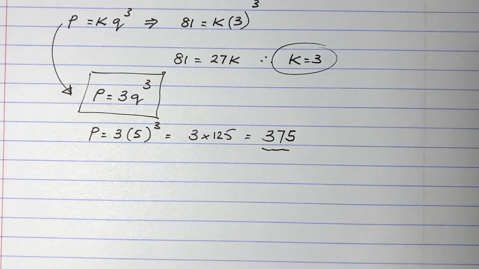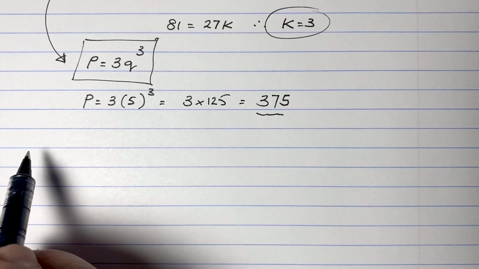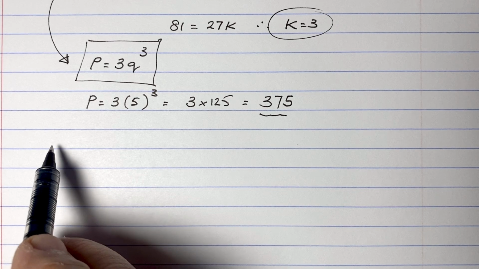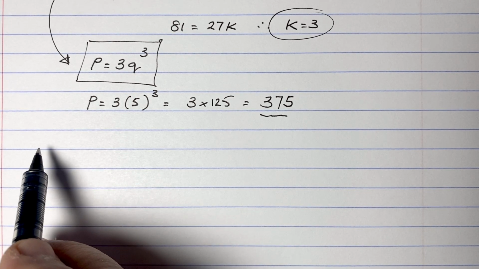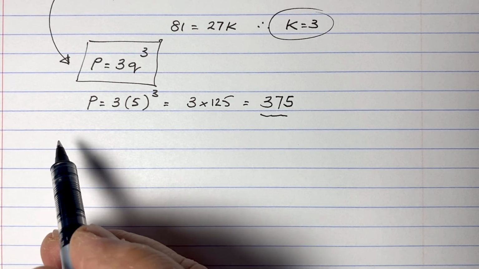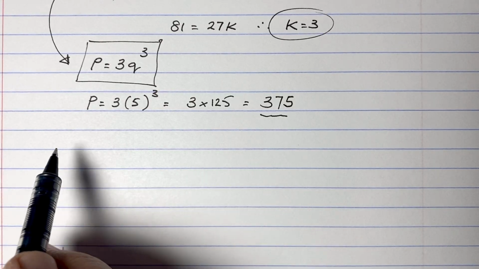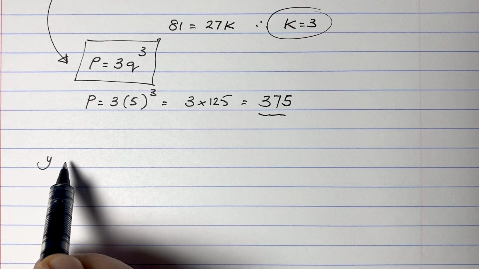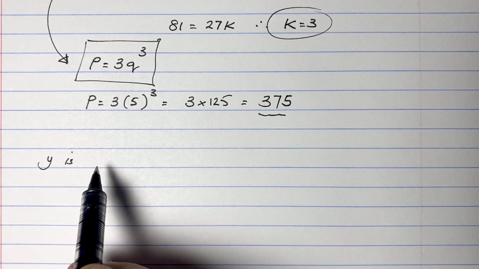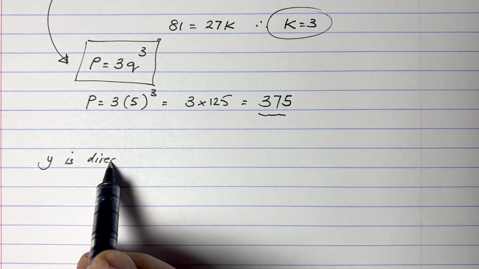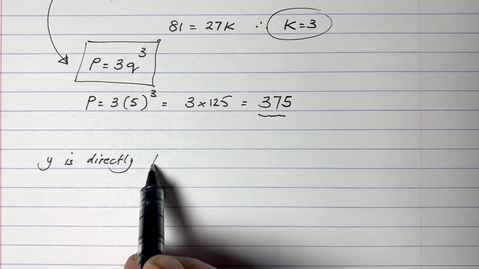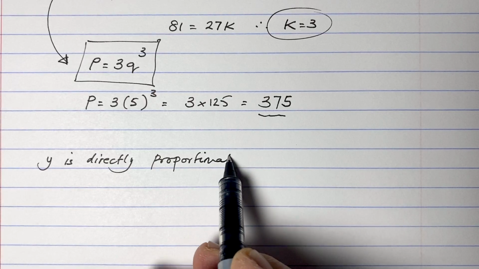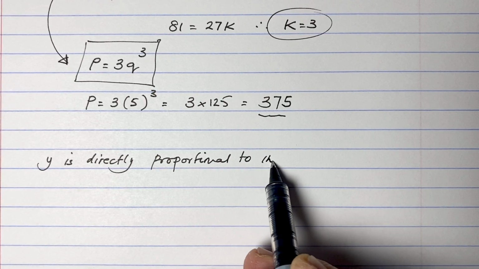Okay, let's do another question. Sometimes the information given to you is in table form. So the boundary condition and the requirement of the question are in a table, which I'm going to show you. This question says y is directly proportional to the cube of x.